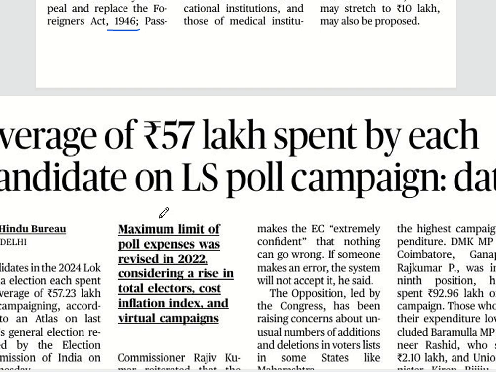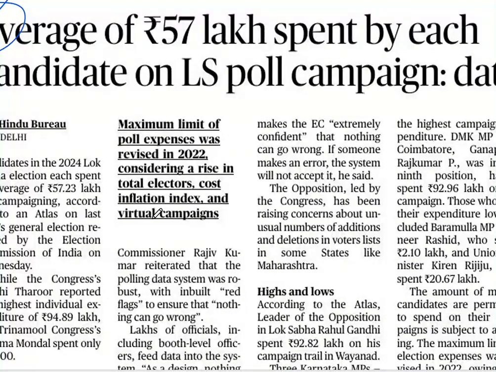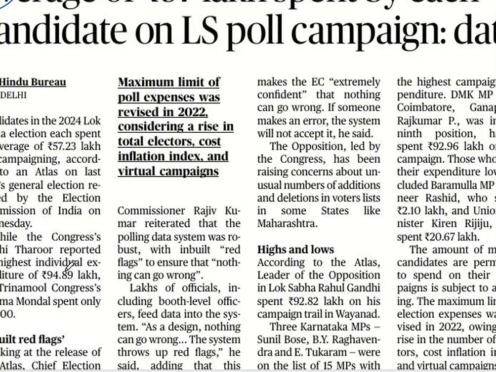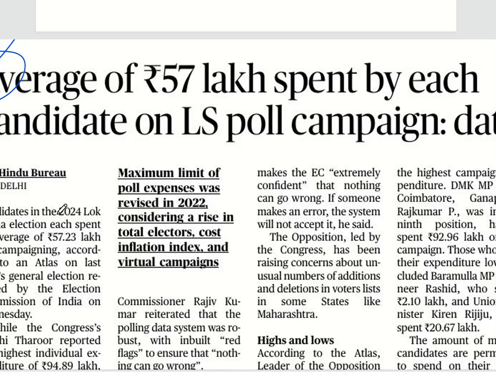And this is also a report related to the Election Commission. This data has been given by the Election Commission: what is the average amount spent in the Lok Sabha poll campaign?